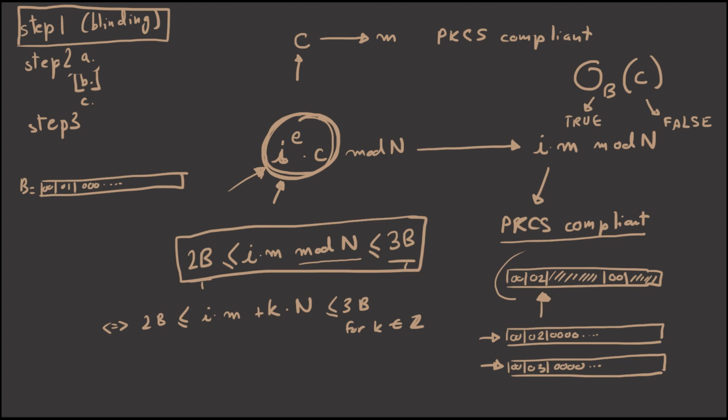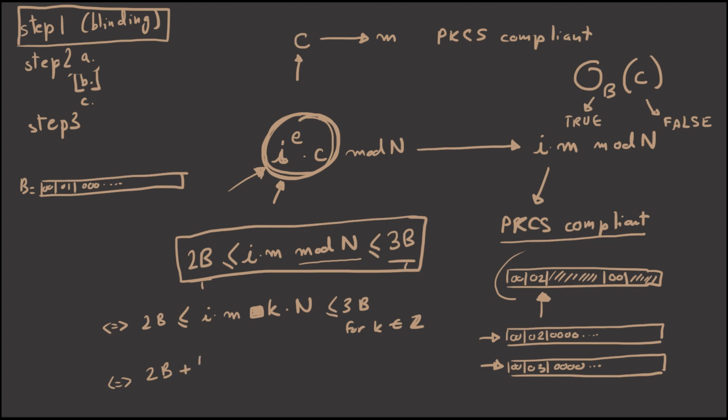What is the range? Well, it's easy to compute, right? In Bleichenbacher's paper, there's a minus here instead of the plus, so I'll use the same thing. It doesn't change anything, actually.